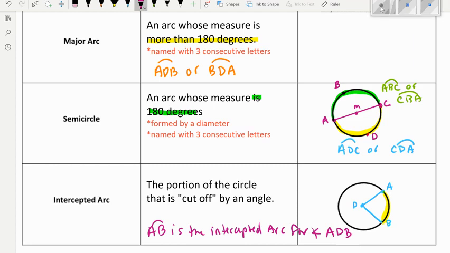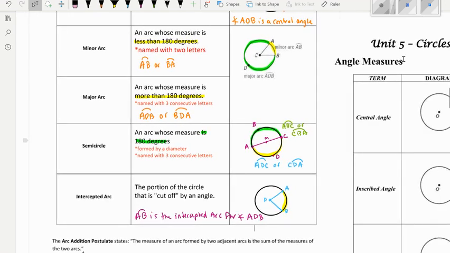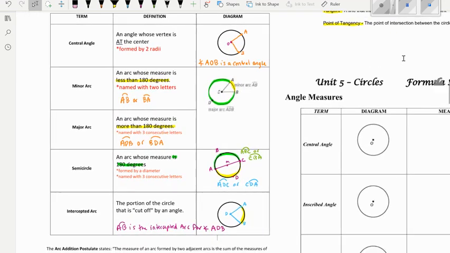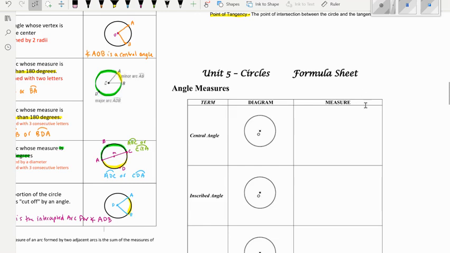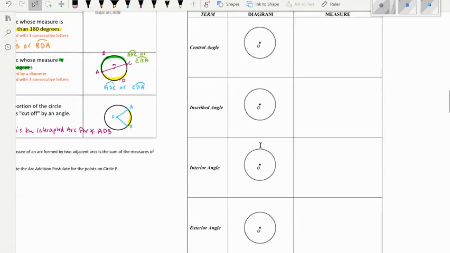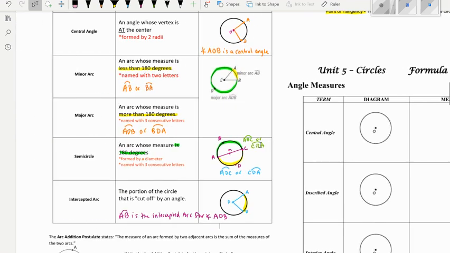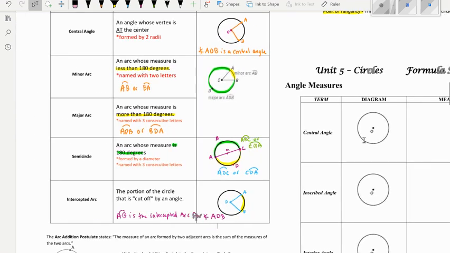So make sure you know all of those definitions. And of course, we have that formula sheet, so you could start adding stuff to your formula sheet. So we talked about the central angle. So that's something you would want to add to your formula sheet.